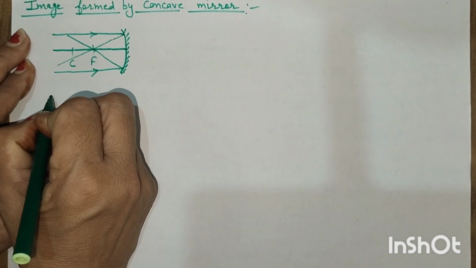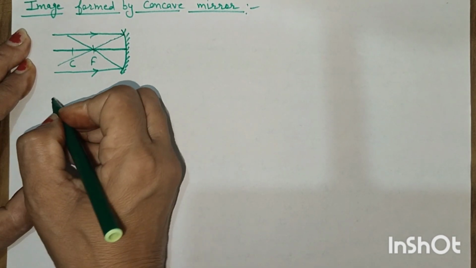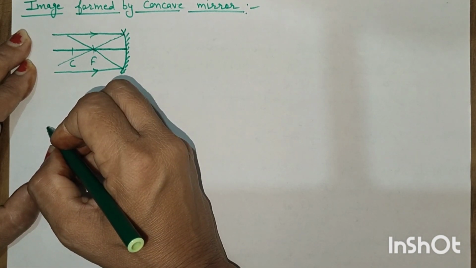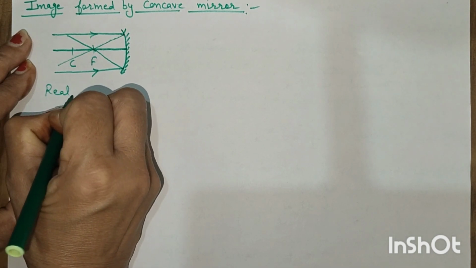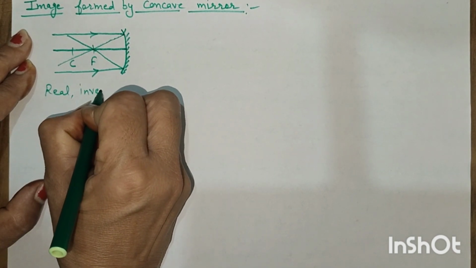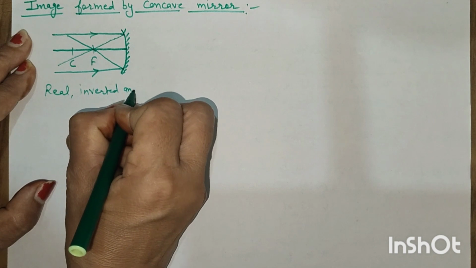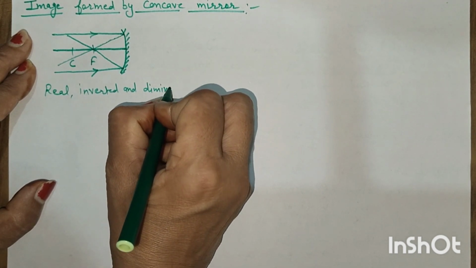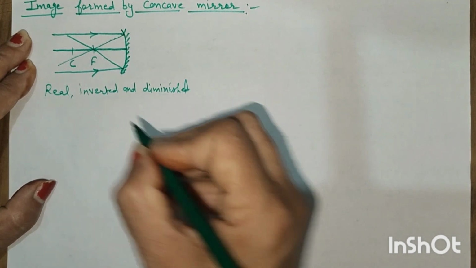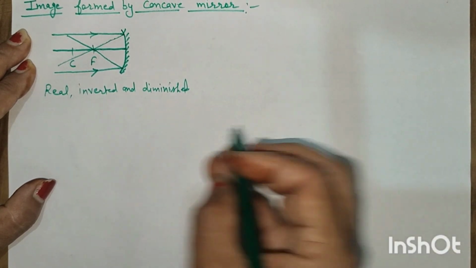When the object is at infinity, the image formed is real, inverted and diminished.